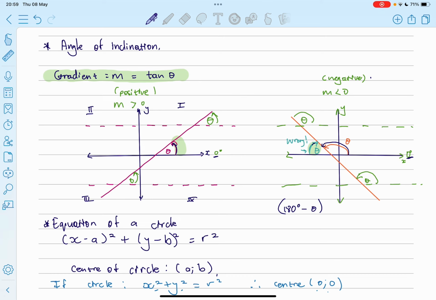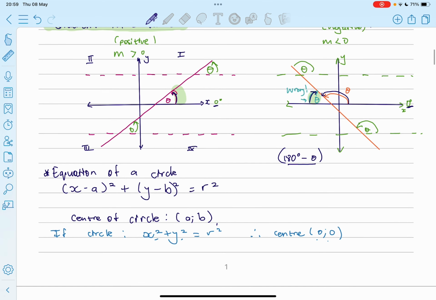So if you see that you are working with this one, when you are substituting in the formula for the gradient, just remember to use 180 degrees minus that other angle that you used. All right, so that's the angle of inclination.